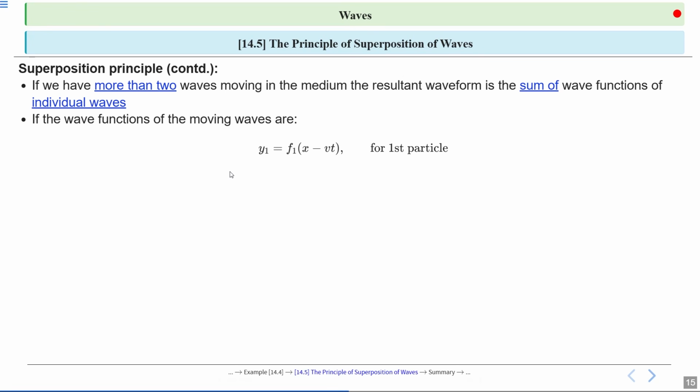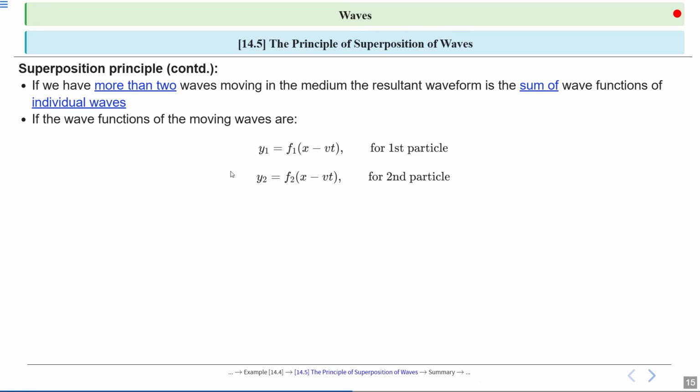So for the first wave, we write its displacement as y1 = f1(x - vt). The function f1 describes the shape of the wave. Similarly, for the second wave, the displacement is y2 = f2(x - vt). Here y2 is the displacement due to the second wave and f2 describes its shape.